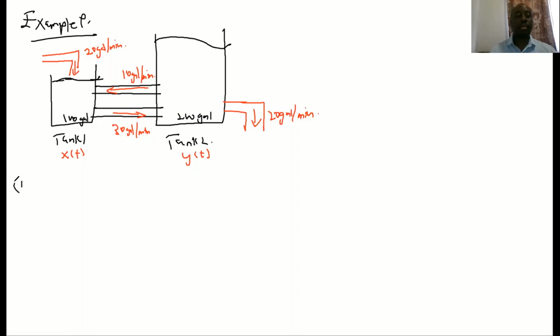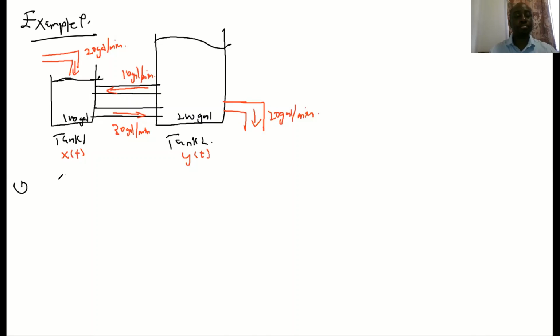Okay. All right, so the first thing we'd like to do is to write down a system of equations that can tell us the amount of brine in tank 1 and the amount of brine in tank 2 at any point in time.